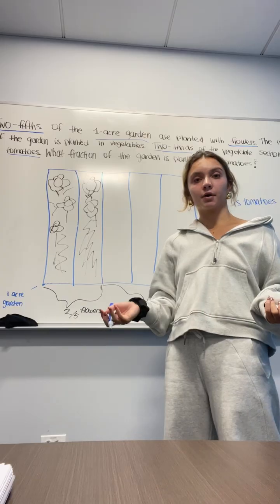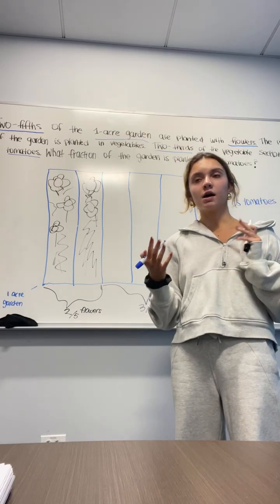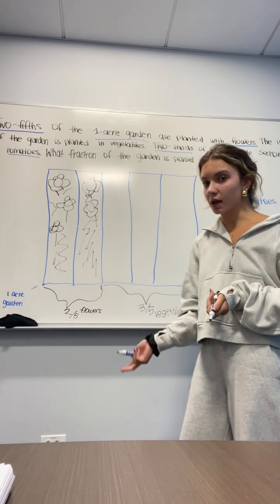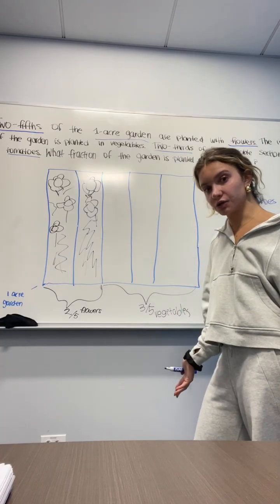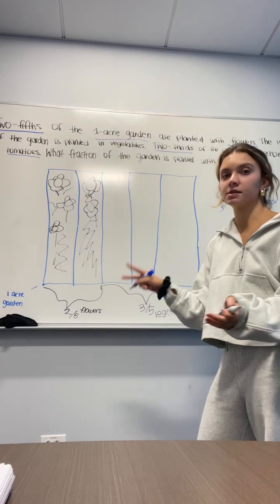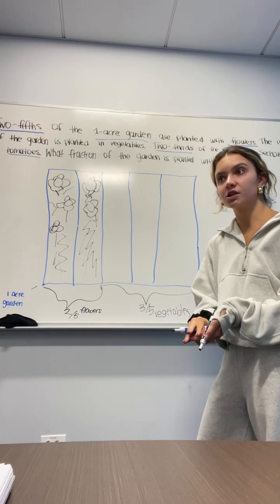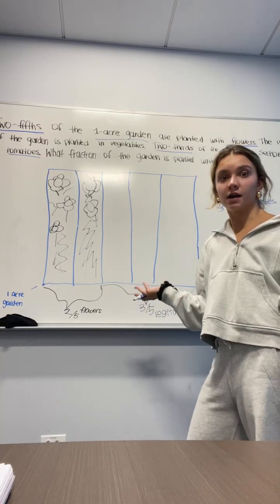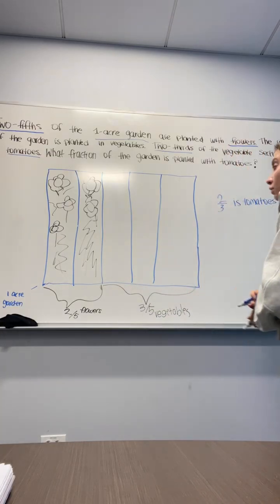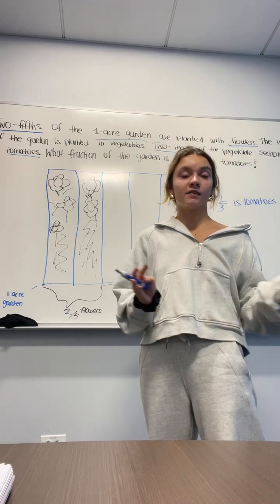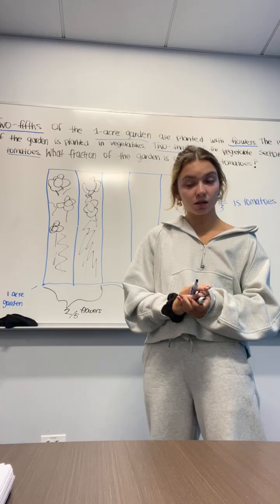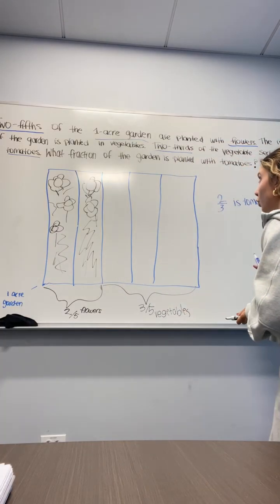And you may be wondering, what operation are we doing with this problem? How do we know what to do? Is it addition? Is it subtraction? Is it multiplication? Is it division? I have no idea.